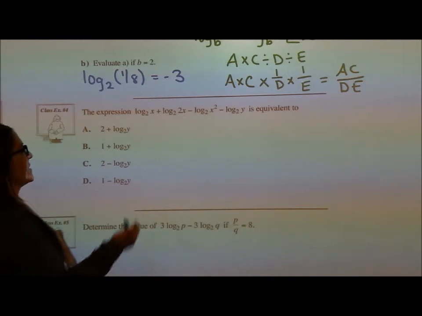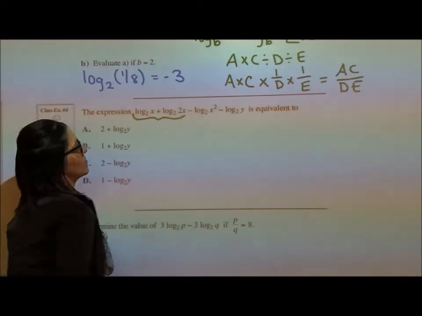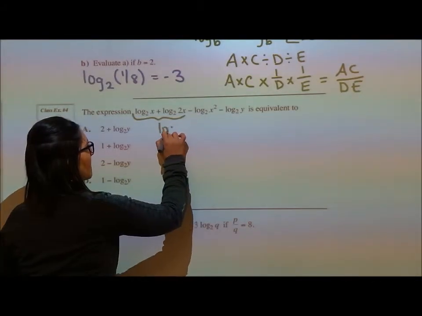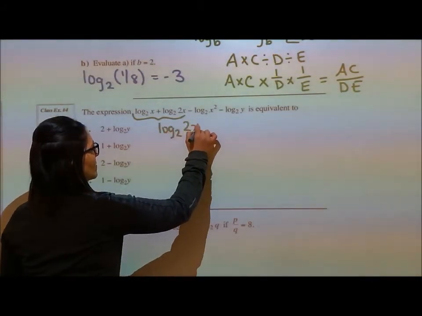First of all, let's start with these two. What would I do with the log base 2 of x plus the log base 2 of 2x? Multiply x and 2x. And what would I get? 2x squared. Okay.